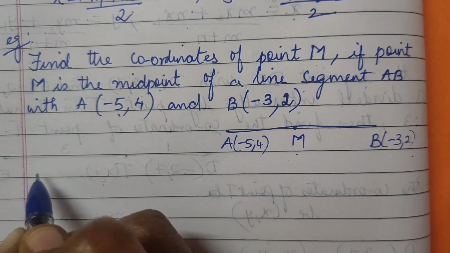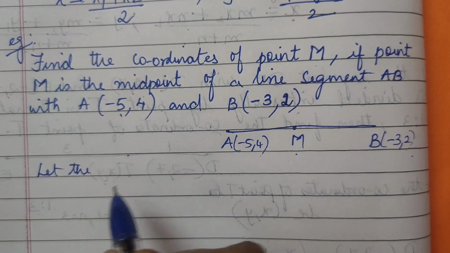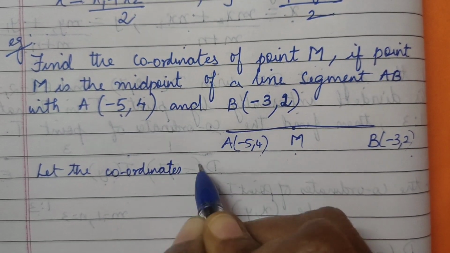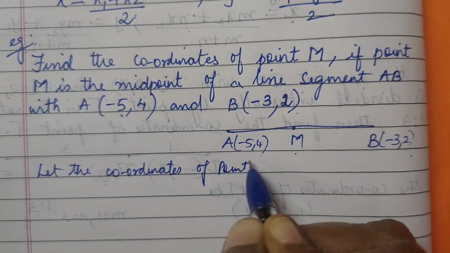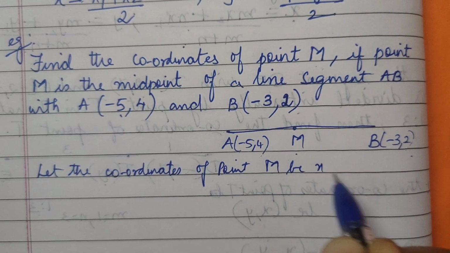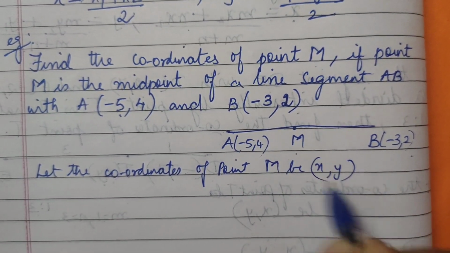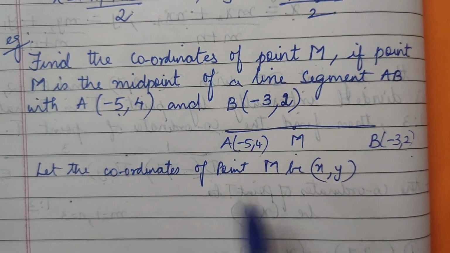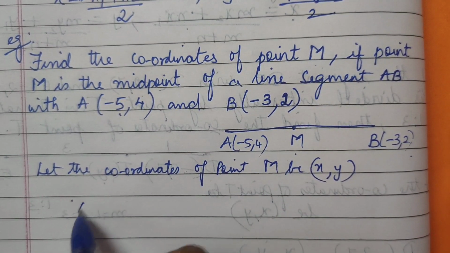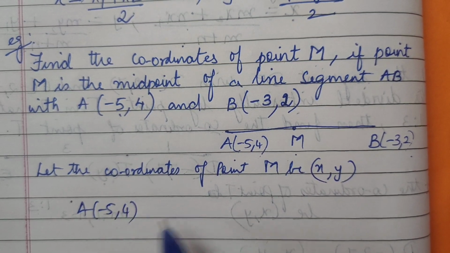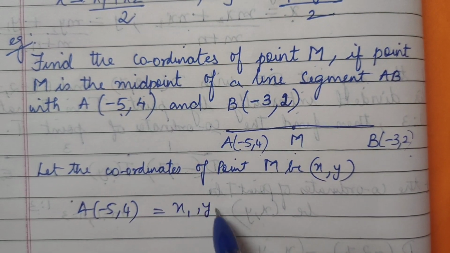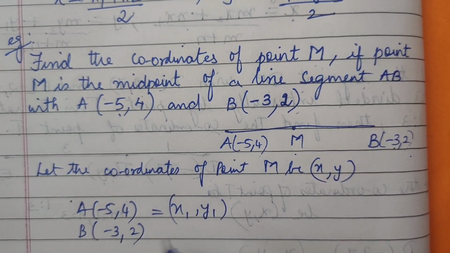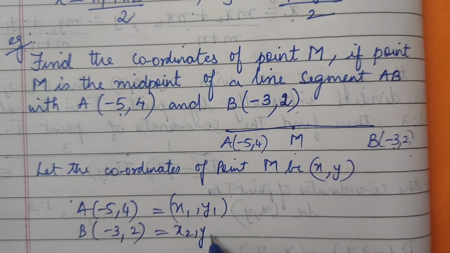So let the coordinates of point M be, we are going to take, x and y here. Okay, x and y. Now here this A is what, my dear? The point A minus 5, 4 we are going to take as x1, y1, and B minus 3, 2 we are going to take as x2, y2.